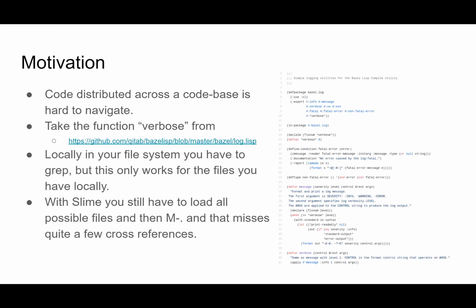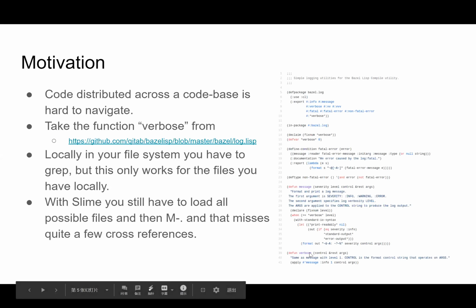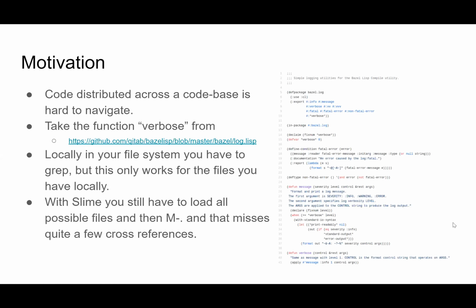First, some motivation. Often you have code across a very large code base, and this can be hard to navigate. On GitHub, you have this verbose function in Bazel Lisp. You can look right here. So you want to know all the places that this is called. Well, you have a few options.